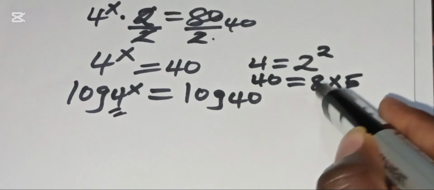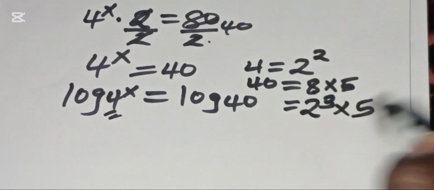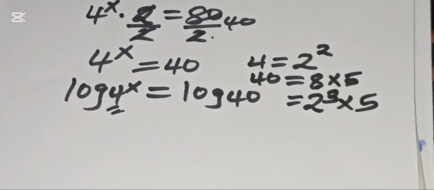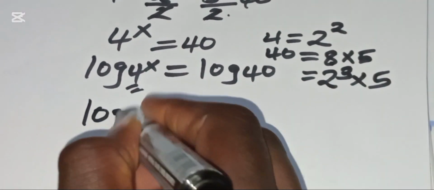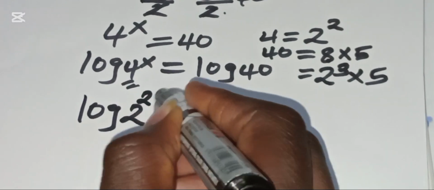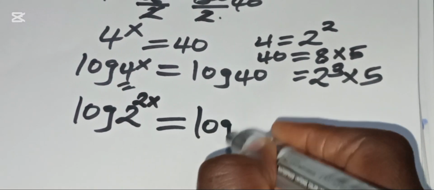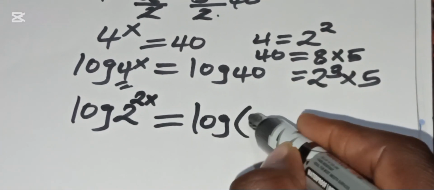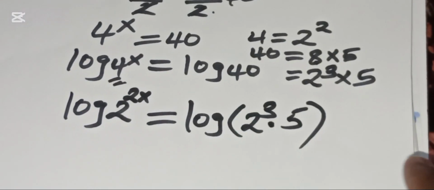And this 8 also can be expressed as 2 raised to power 3 times 5. Now from here, we are going to have log 2 raised to power 2x. This is equal to log 2 raised to power 3 multiplying by 5.